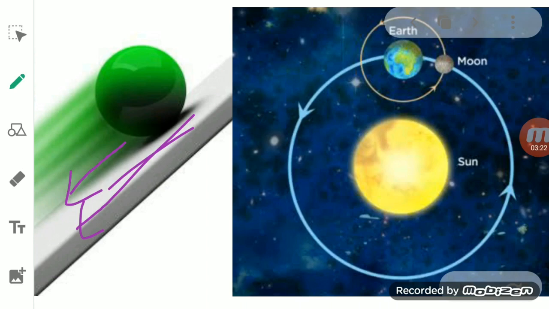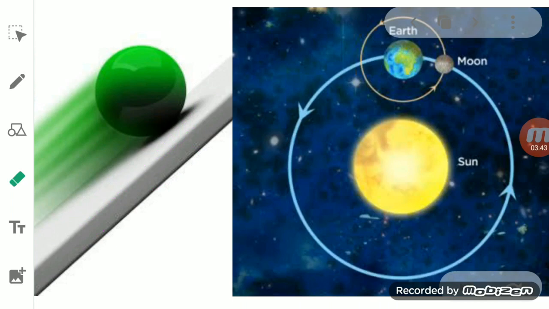So it exhibits rectilinear motion, and since it is rolling continuously, we can say that not only is it following the straight path, but its own motion is rotating, is rolling. Such kind of motion is rotational motion.